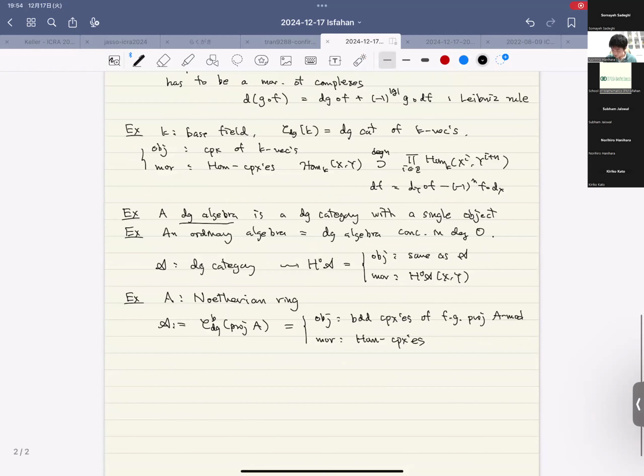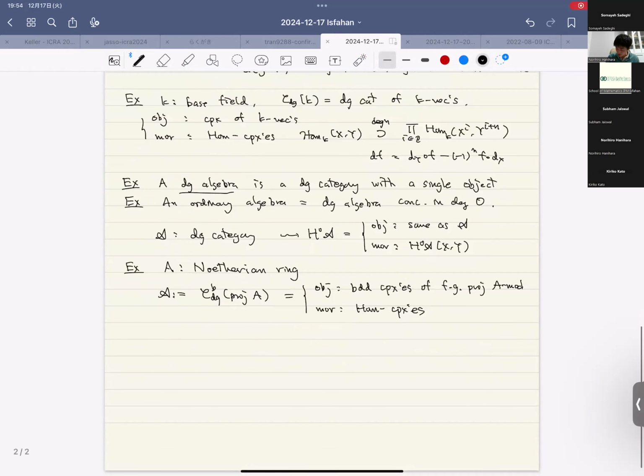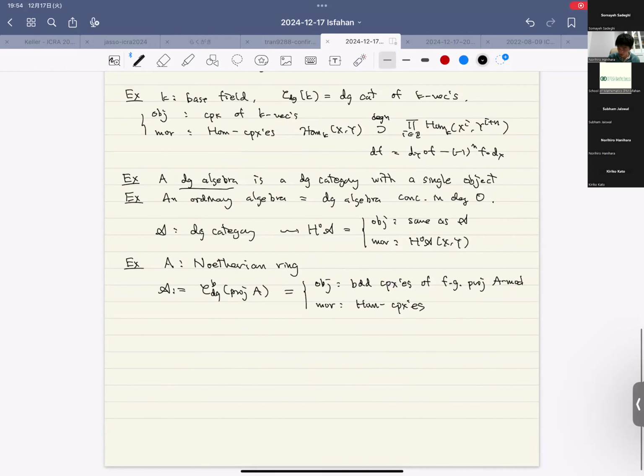Then what would this H0 of A become? If you look at this formula closely, for a morphism f in degree 0, being in the cocycle means that it commutes with the differential. And for a degree 0 morphism to be in the coboundary means that it is precisely a null-homotopic one.